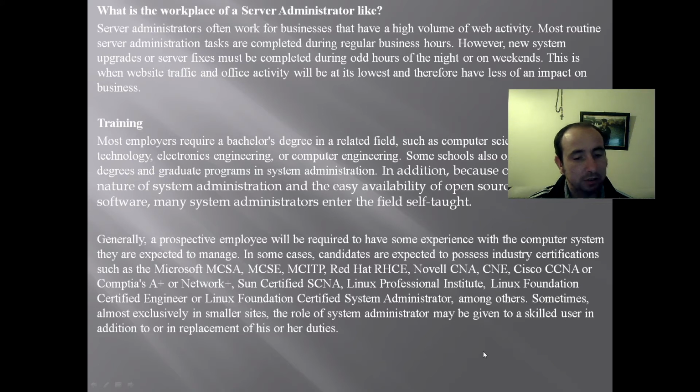Sometimes, almost exclusively in smaller sites, the role of a system administrator may be given to a skilled user in addition to or in replacement of his or her duties.